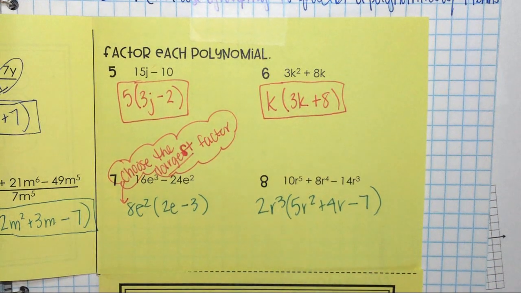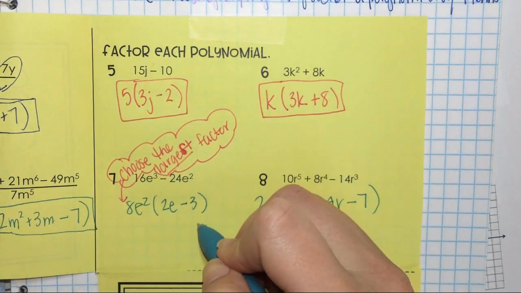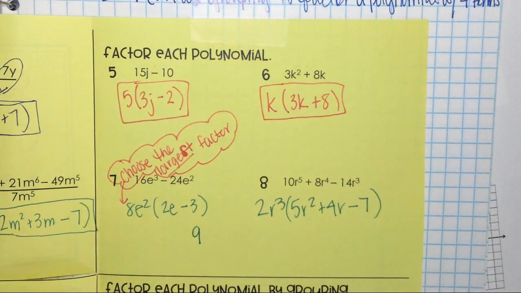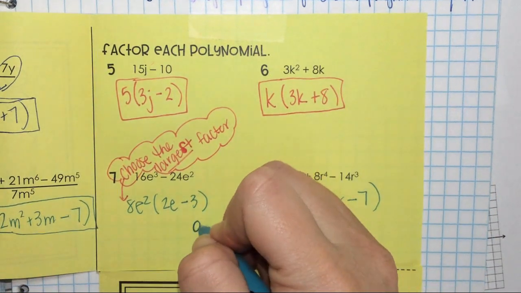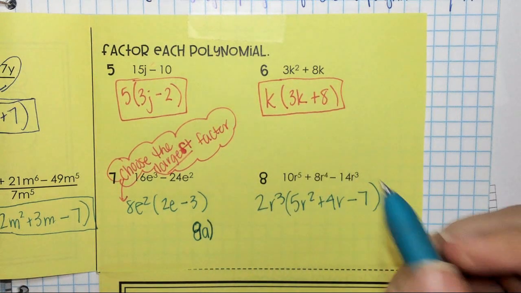All right, let's do one more to practice, and I'm going to write it right here. We're going to call this 8a so we don't mess up our numbers below.